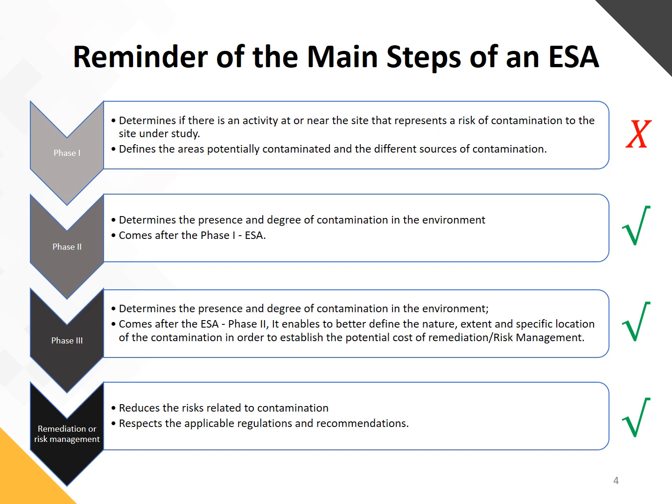So the phase 3 is really to complete the information you had in the phase 2. And then finally, the last step of an environmental site assessment is the remediation or the risk management, which consists of reducing the risk related to the contamination or only respecting the applicable regulation and recommendations for the site under study.